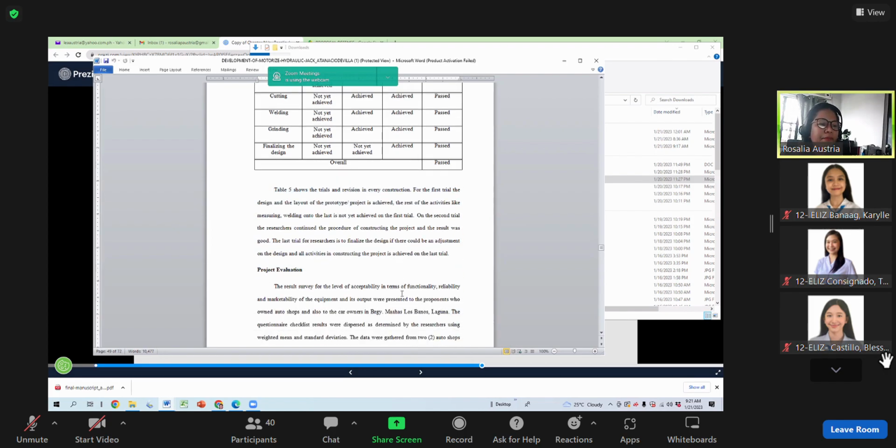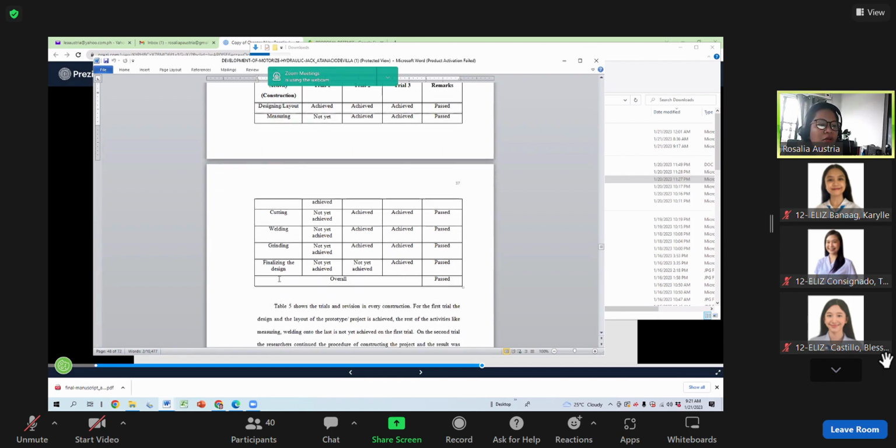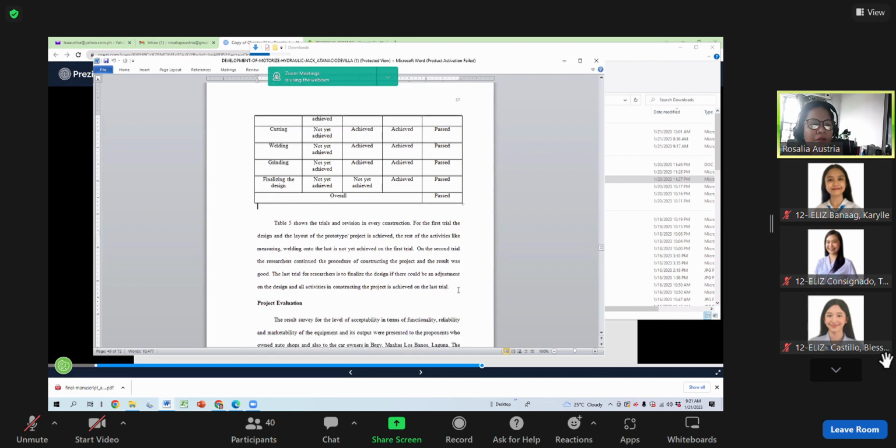Okay? And then, kung meron kang revisions, you explain also the revisions. Ilagay mo rin dito, revisions done. Hindi siya nakalagay sa inyong chapter 3. When it comes to especially specific materials, you have to explain that the revisions done change the part of the prototype or the materials that you use.